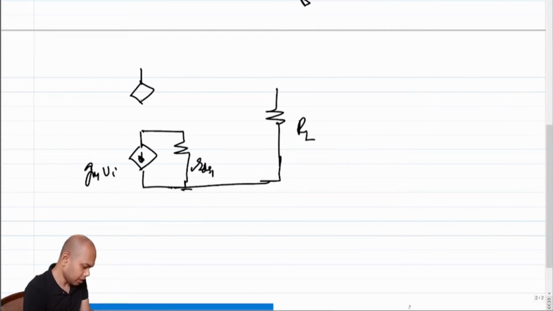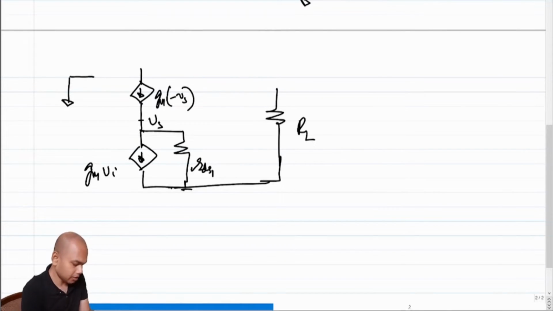It is nothing but a MOSFET whose gate is incrementally grounded, and if we call this node Vs, this current becomes Gm times minus Vs because the gate is grounded.